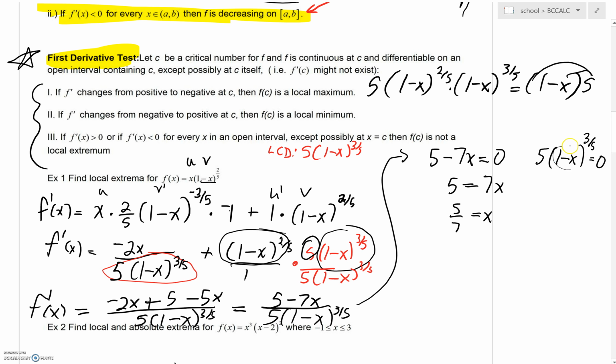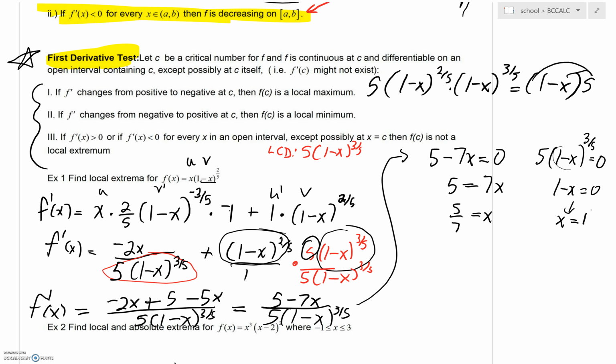And I hope right here, if you divide by 5 and if you raise both sides to the 3/5 power, you're really saying 1 minus x is equal to 0, which is saying that x would equal 1. And here are your two critical numbers.